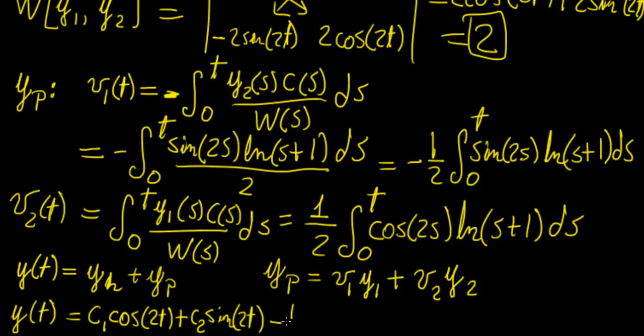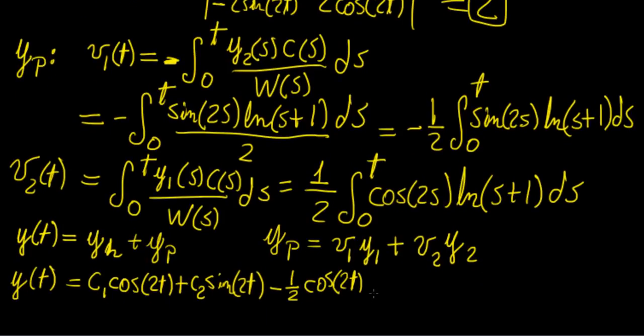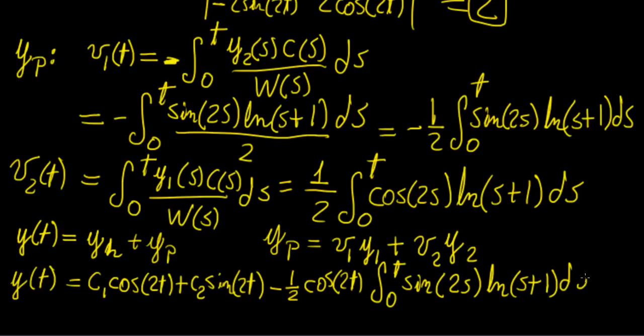So let's say minus half, y1 is going to be equal to cosine of 2t, and v1, which we found here, is going to be this integral. So that's going to be the following. I don't think it's going to fit anyway. The integral from 0 to t of sine 2s times natural log of s plus 1 times ds.